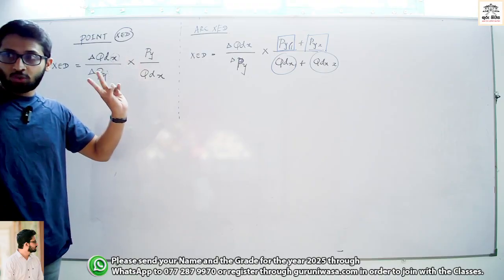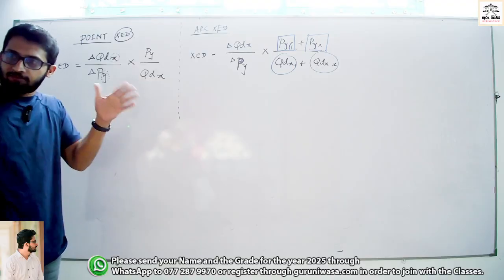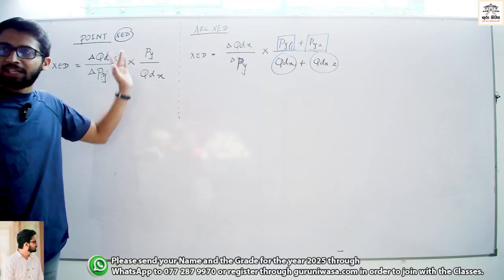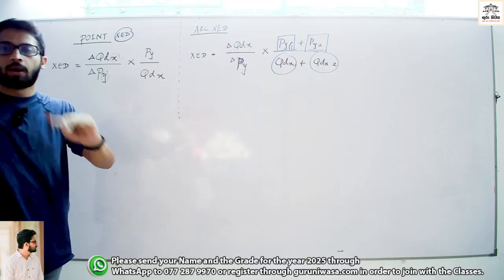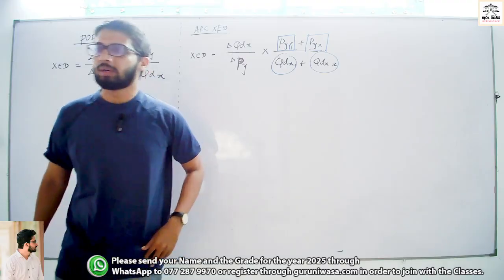But remember, two different products: price of one product, quantity demanded of another. At one point, we are taking only one point, not two points. Here two points are taken into account. Are you okay?